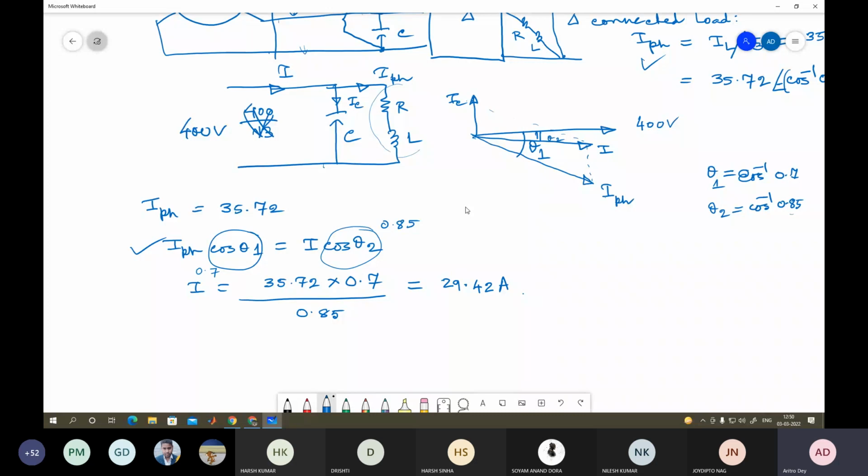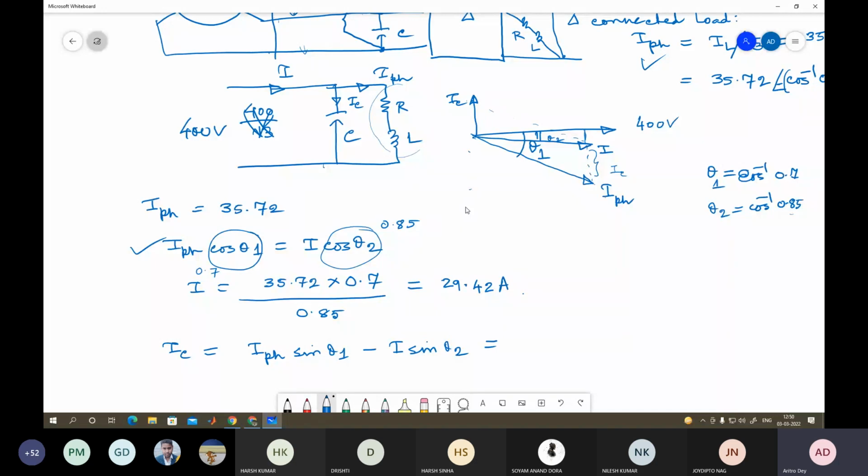And then once you know this, you can find out your IC, which is equal to I phase sine theta 1 minus I sine theta 2. Is it okay? Because this is basically your I phase sine theta 1 and this is I sine theta 2. So the difference between the two is your IC. If you subtract these, you will be able to find out your IC, just as per the vector diagram.